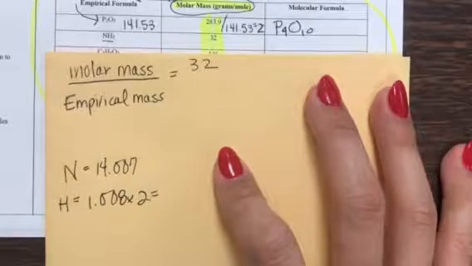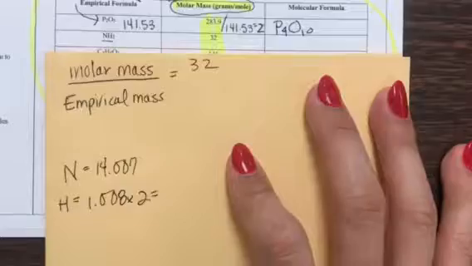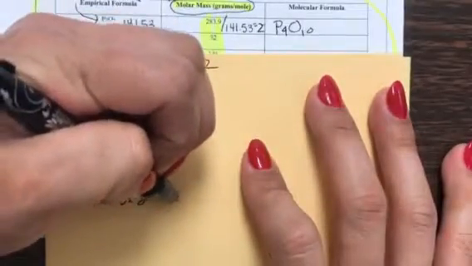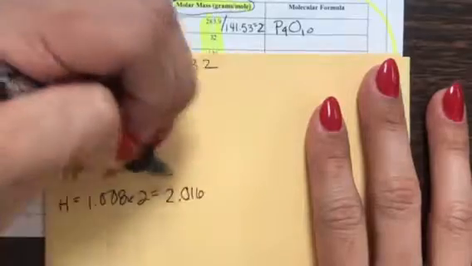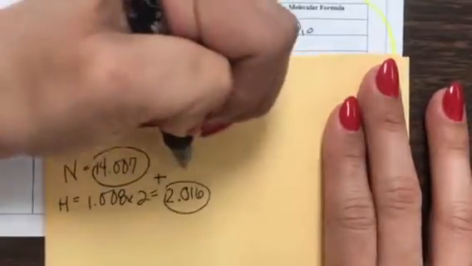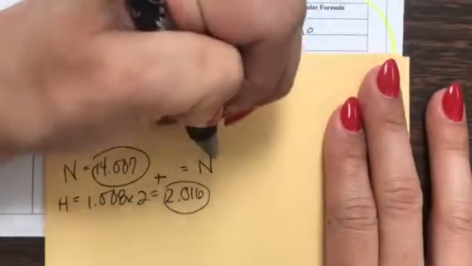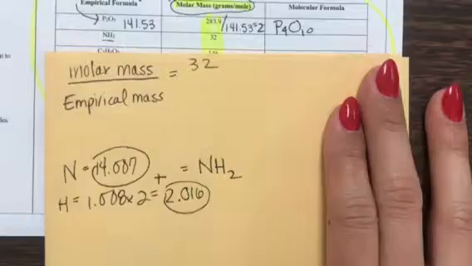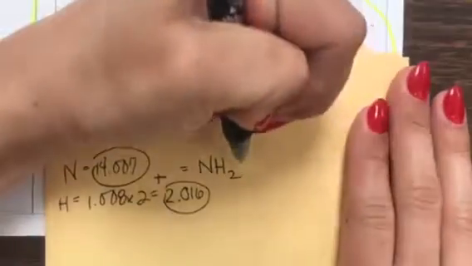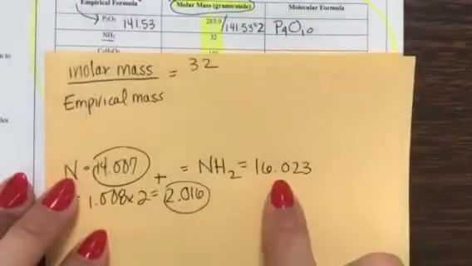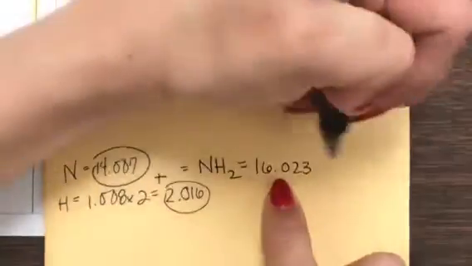You can round if you want. And that gives me 2.016. So I'm going to add these two numbers in order to get the total mass for NH2. So now I have my empirical mass.